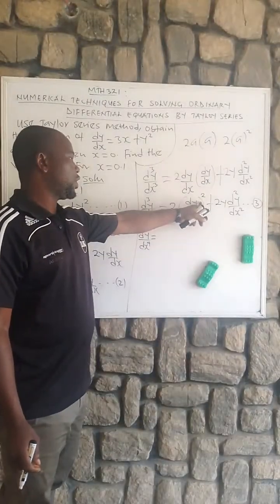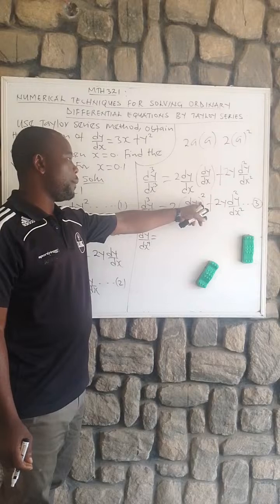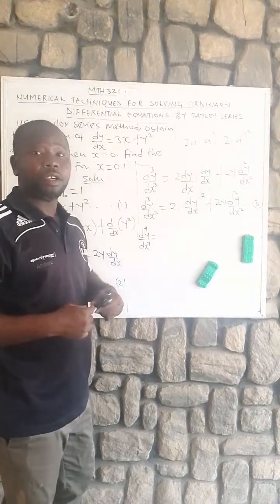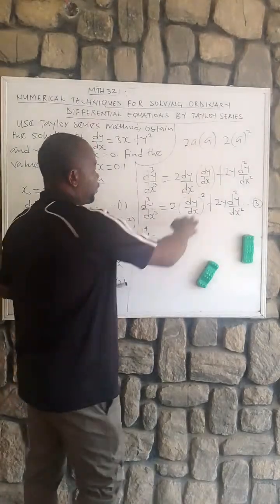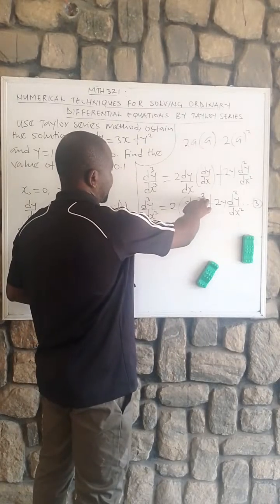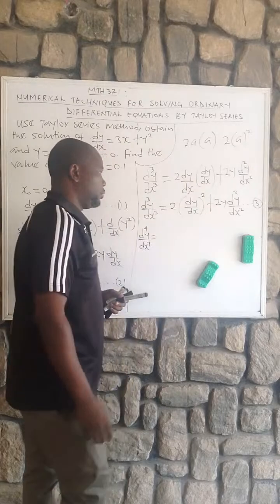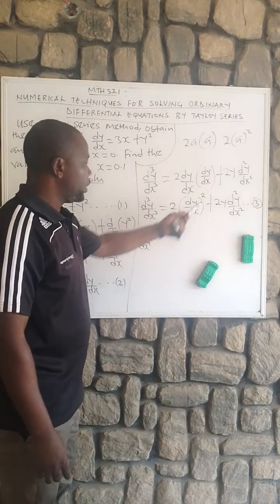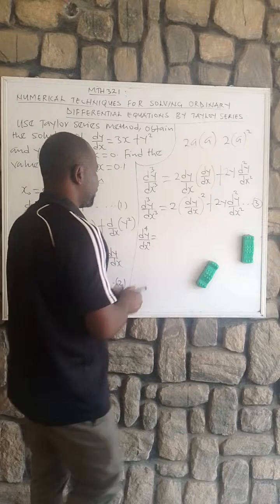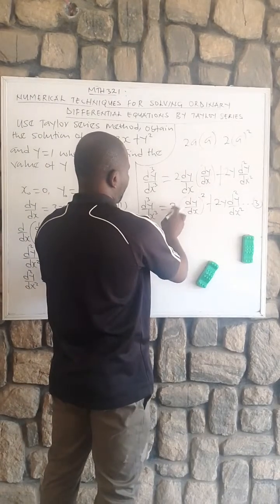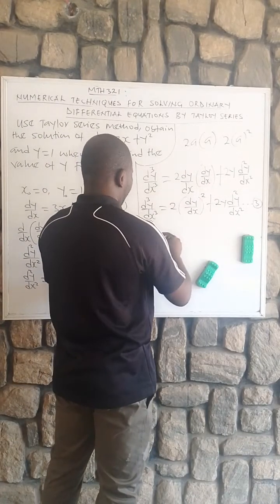If you want to differentiate something of this form, it means chain rule. First consider the whole, the inside. So use this to multiply this.